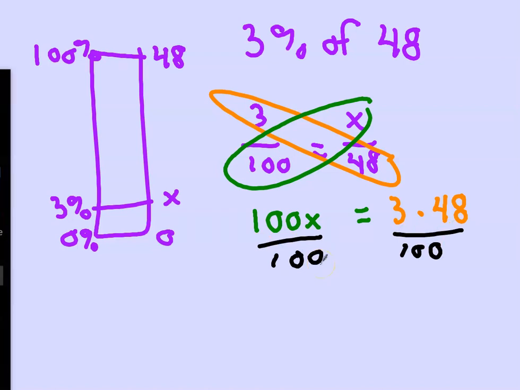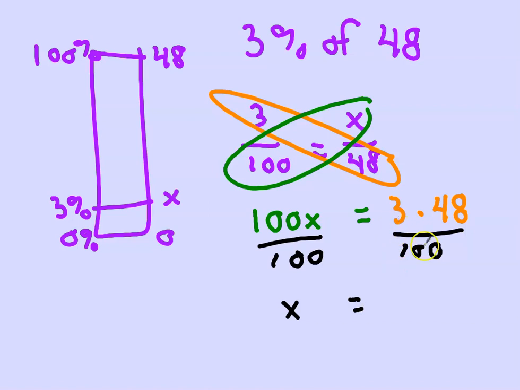Well, what I'm looking at here is if I take this expression right here, I could rewrite it this way: 3 over 100 times 48. I shouldn't use an x for times because I've already got an x up there. Well, what if this had actually been, let's say, 5% of 90?